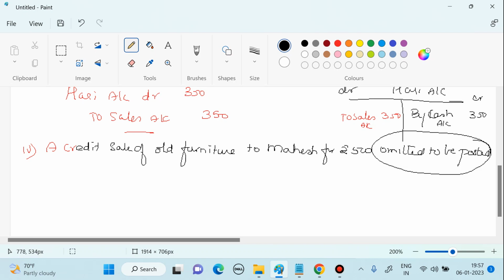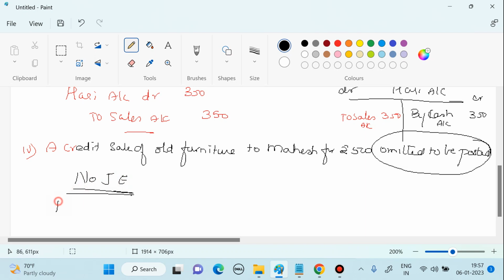But they said omitted to be posted, which means you have recorded it in journal proper. Okay, Mahesh to furniture. But from the journal, the posting should go into Mahesh's account and to furniture account. To debit of Mahesh and to credit of furniture account, which did not happen. Got it?